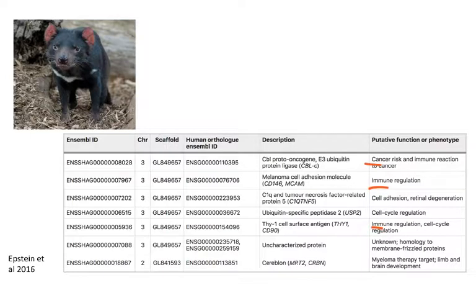That's what's shown here in this table: all of the adaptive outlier genes that were found to be under selection in these populations. They're all on chromosome 3, and here in the far right-hand column are the putative functions, again mostly related to cancer and immunity.